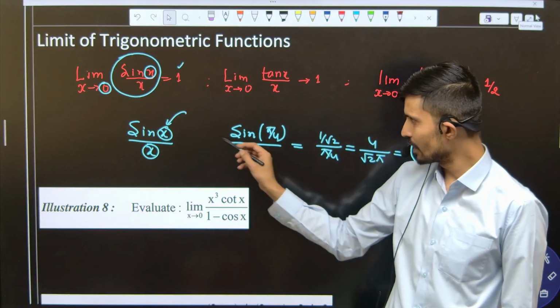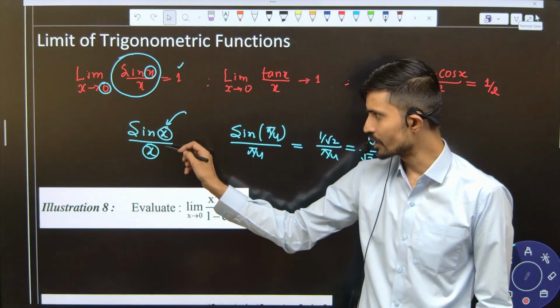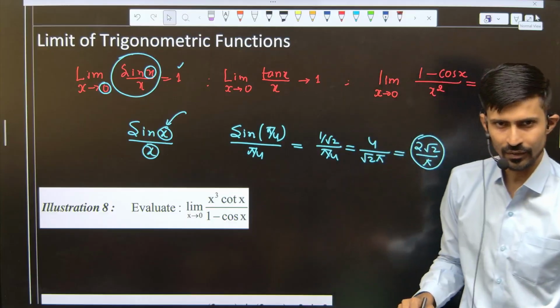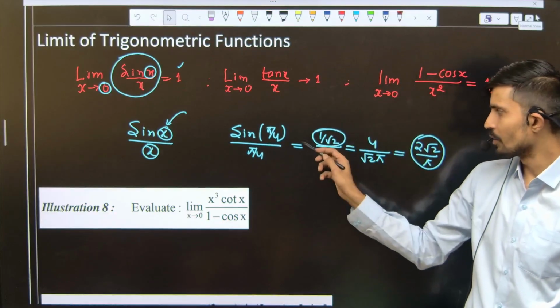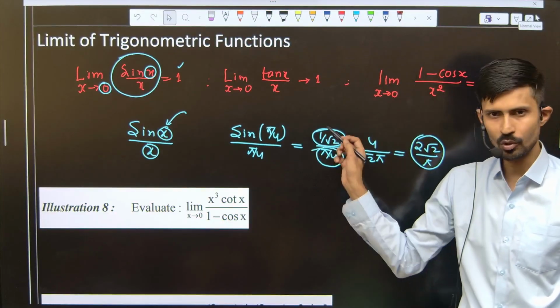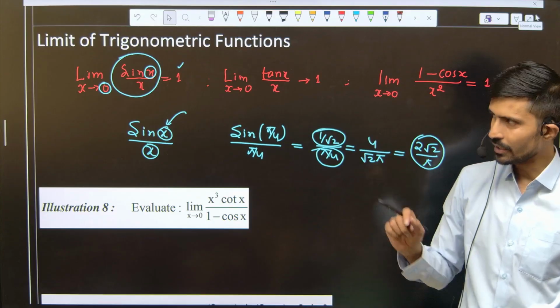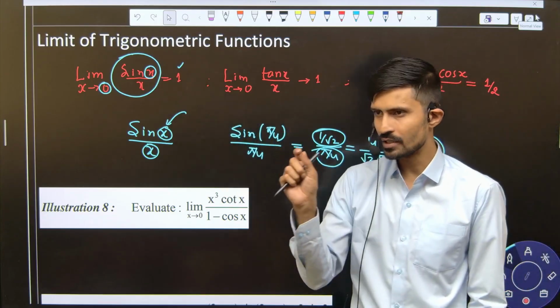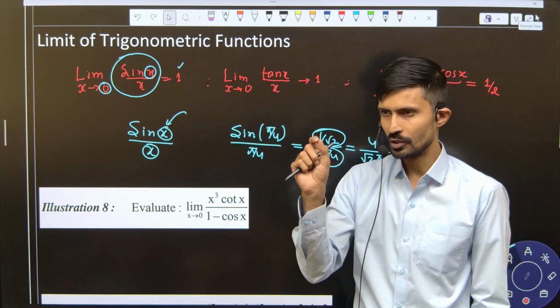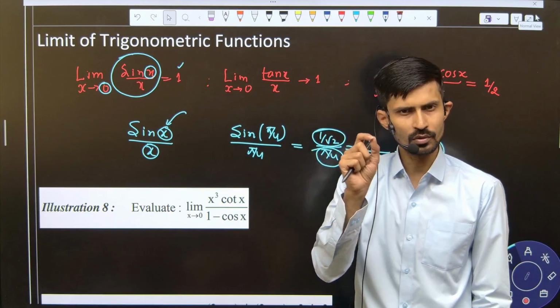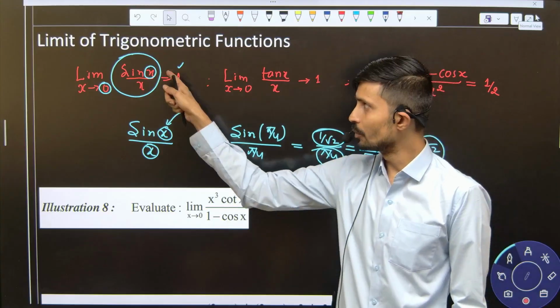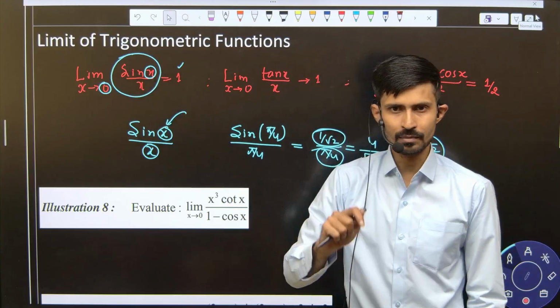But now if I ask you, at place of x, I am putting 45 degree. So what are we getting here? 1 by root 2. What are we getting here? Pi by 4. Are both the same? No, both are not the same. But if at place of x, I put a very small value, 0.00000000000, then the numerator and denominator will become the same.